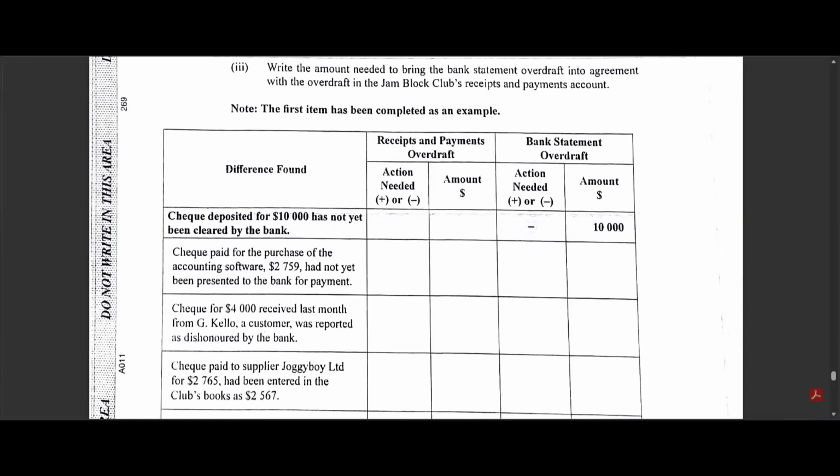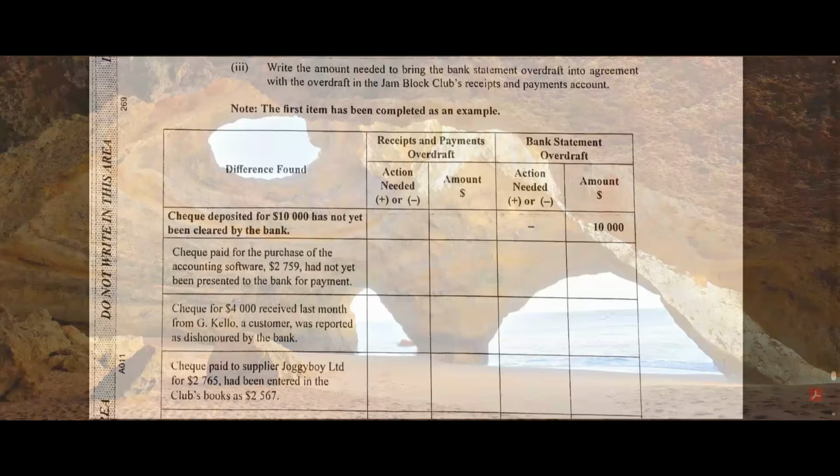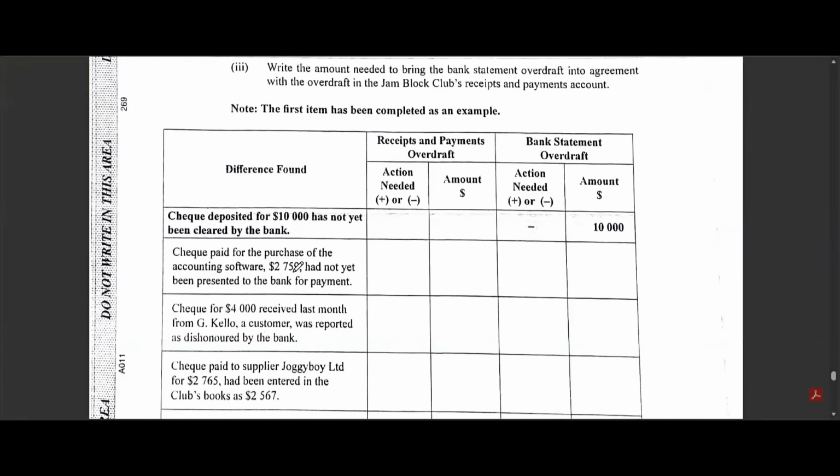Let's look at the second one now. A check paid for the purchase of the accounting software had not yet been presented to the bank for payment. So therefore it means that check has not yet been sent to the bank.